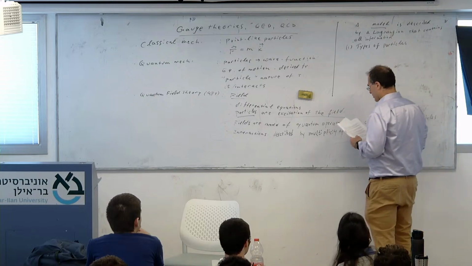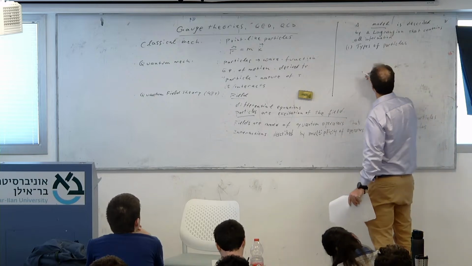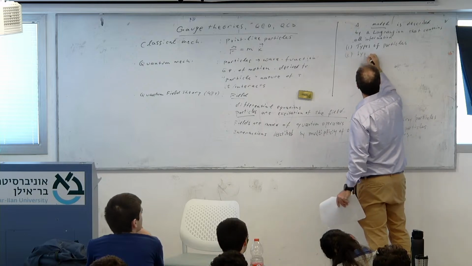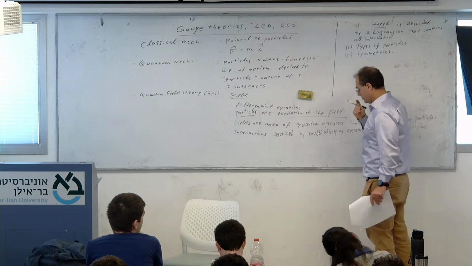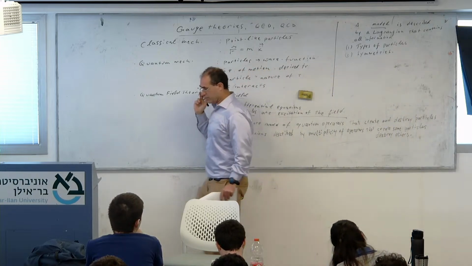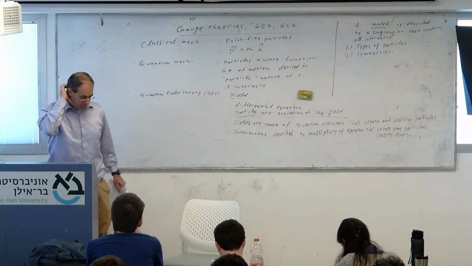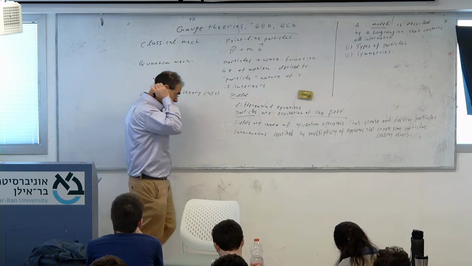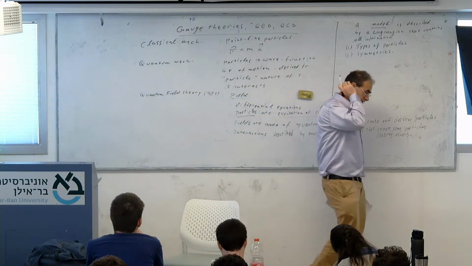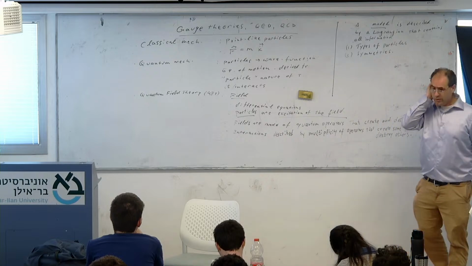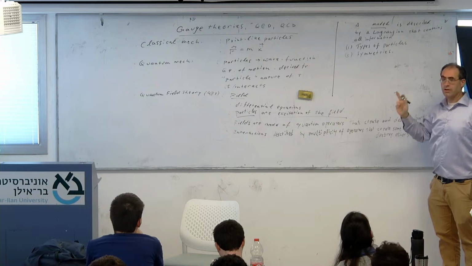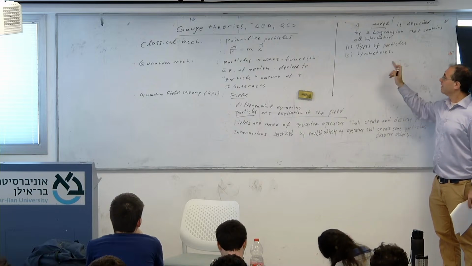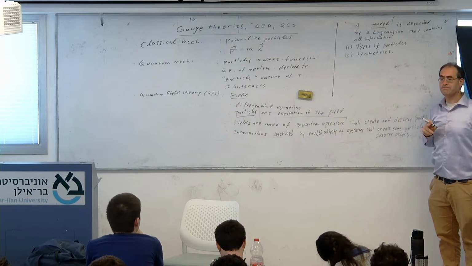What are the symmetries? And two, the symmetries. And that is the key point. That is, in fact, the message I want to deliver in this subject. Here is the fun part. All the interactions within the model are described by the symmetries of the Lagrangian.